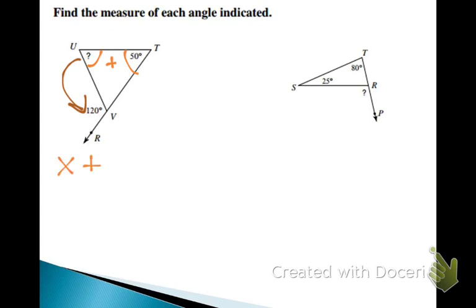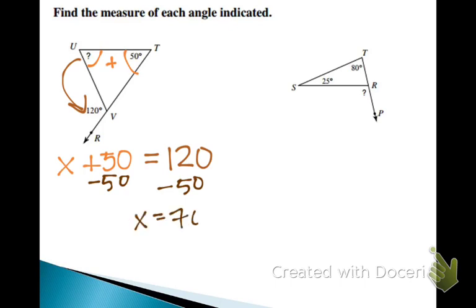I do know the measure of T, which would be 50. So my two interior angles add up and they equal my exterior, which is 120. All right, so then all I do is subtract. So x equals 70. I don't have to do anything else because this represents my missing angle.